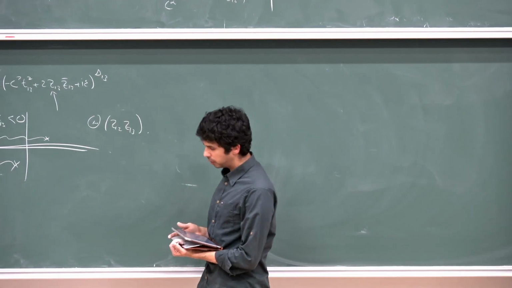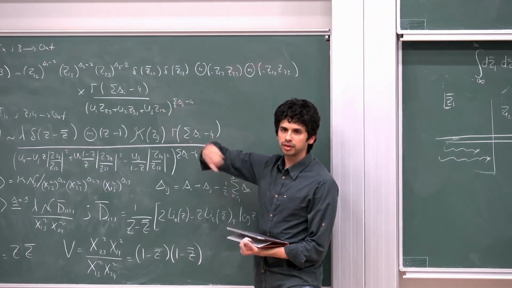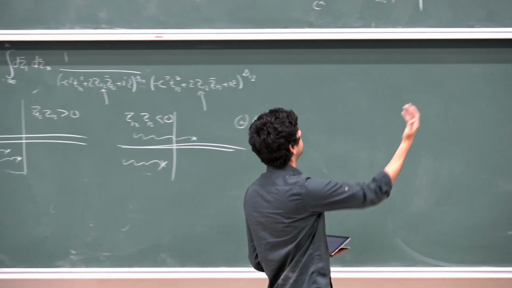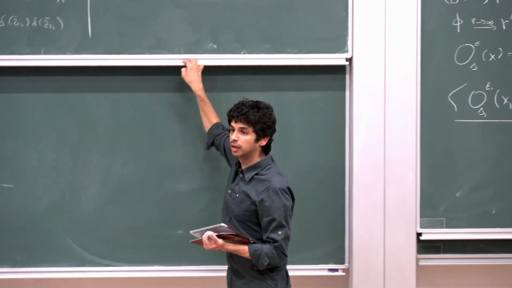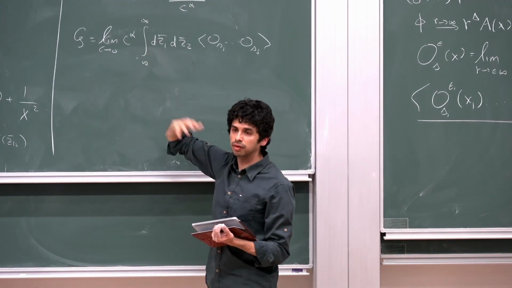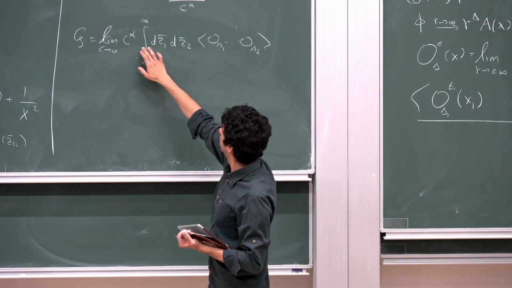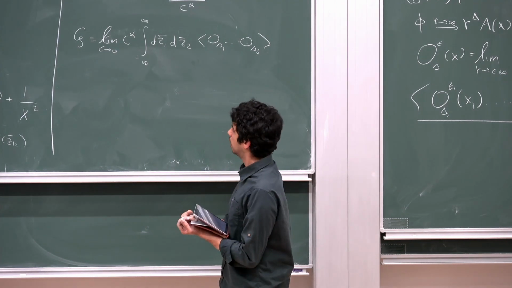And once you actually evaluate the integral, you end up with exactly this, including the prefactor. And the point is, it was finite, and there's a specific value of alpha. There's only one value of alpha for which it works. And this alpha depends on the weights delta 1, delta 2, and delta 3.